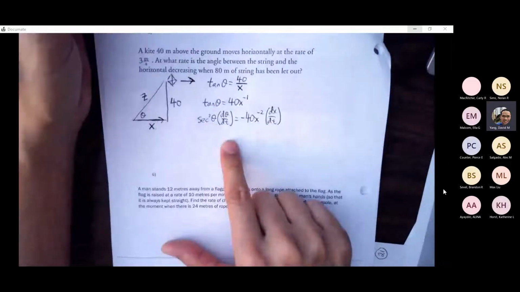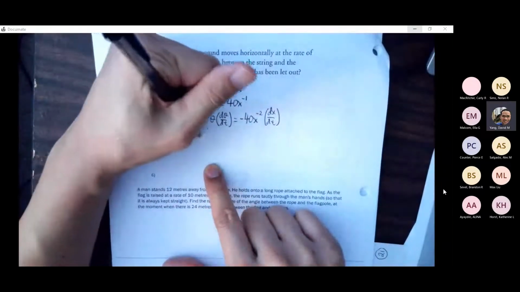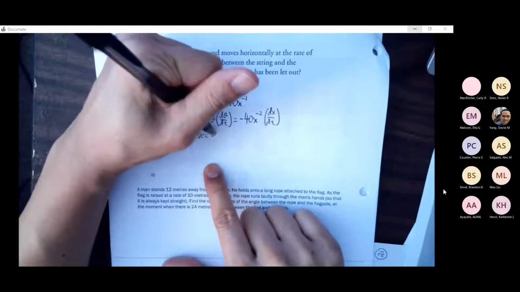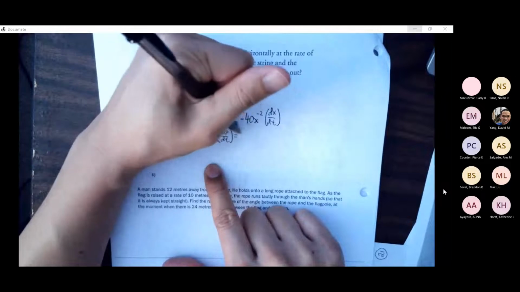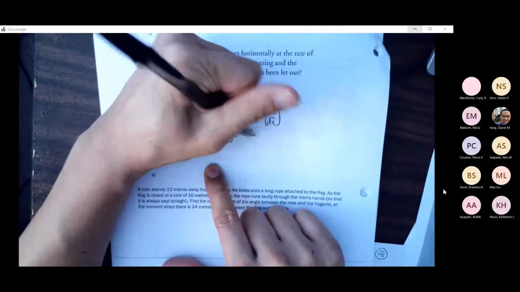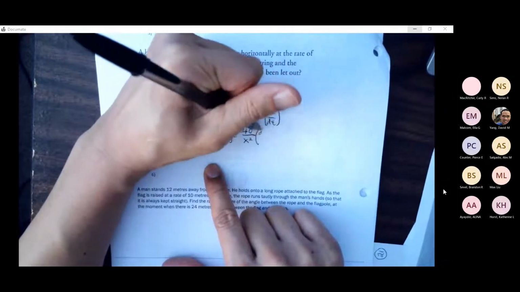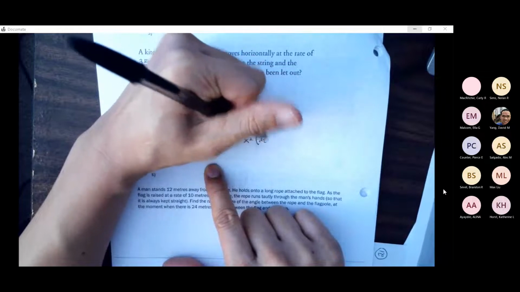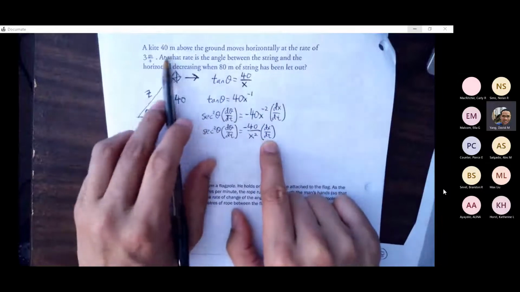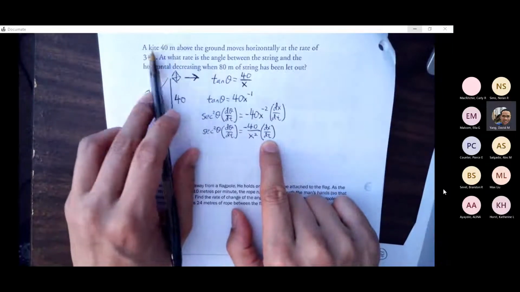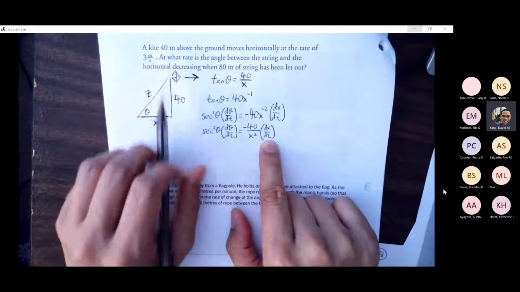Okay, so let's do some cleanup here. We have dx/dt, right? dx/dt is the kite moving at 3 meters per second.